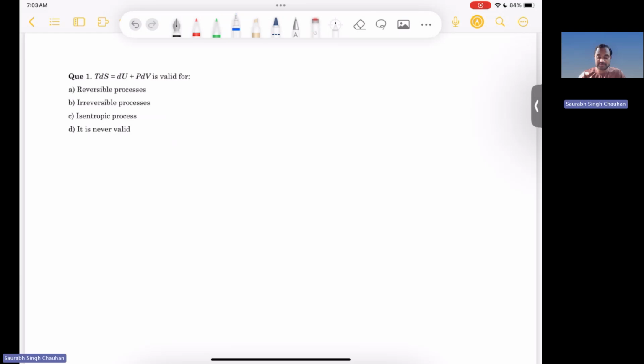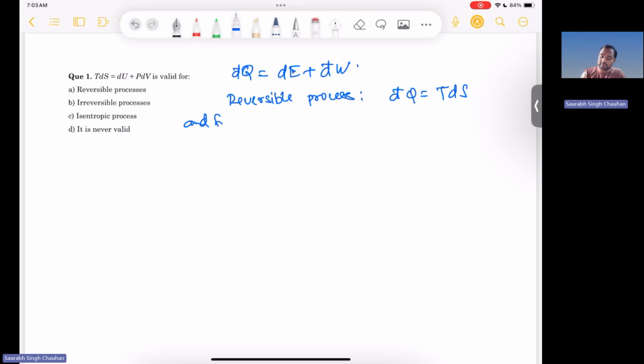So basically this equation is just another form of the first law of thermodynamics. If you write dq is equal to dE plus dW, then for reversible processes, you can write dq is equal to TdS, and for simple compressible systems, you can write dW is equal to PdV.